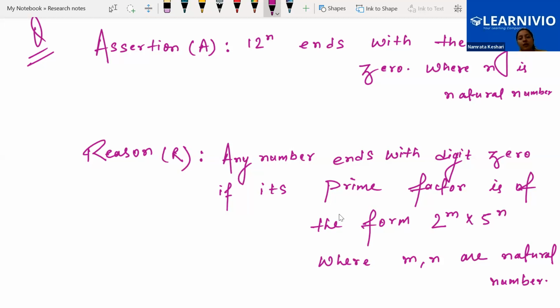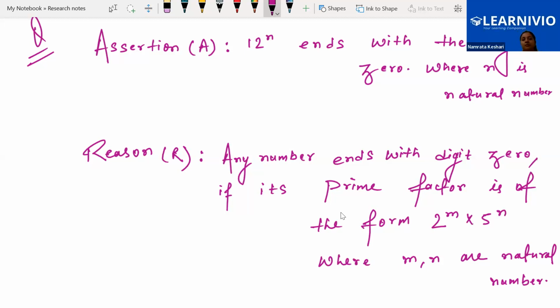Assertion says that 12 to the power n ends with the digit 0, where n is a natural number. Reason says that any number ends with 0 if its prime factor is of the form this, where m and n are natural numbers. Option A: assertion and reason both are correct, and reason is supporting the assertion.